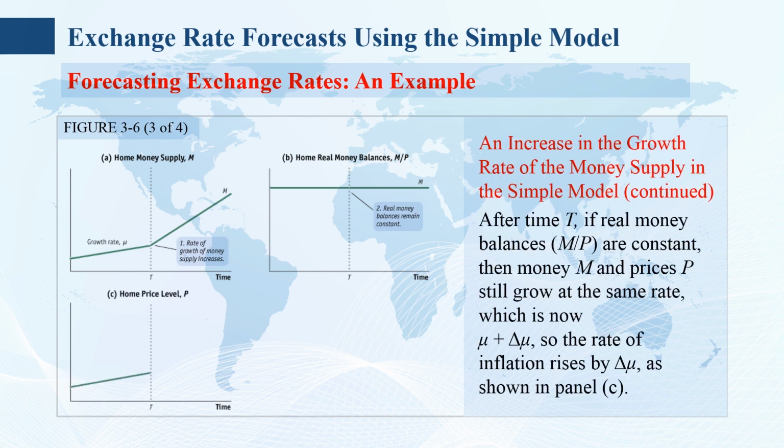At time t, if real money balances M over P are constant, the money M and prices P still grow at the same rate, which is now mu plus delta mu. So the rate of inflation rises by delta mu, as shown in panel C.